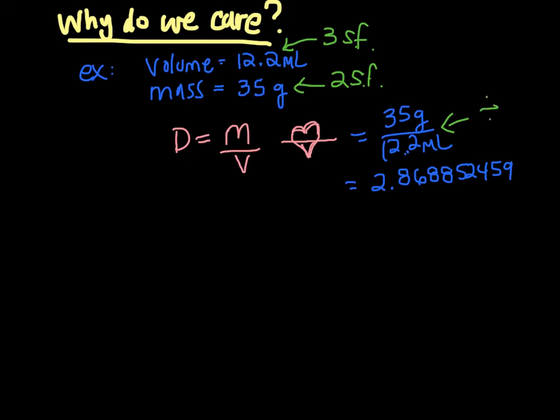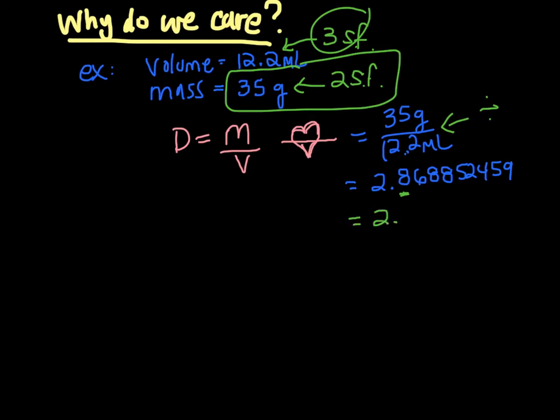Since this 35 is less precise than 12.2, I can only report my answer to 2 sig figs, because 2 sig figs is less precise than these 3 sig figs. So I would want to round to 2 sig figs.